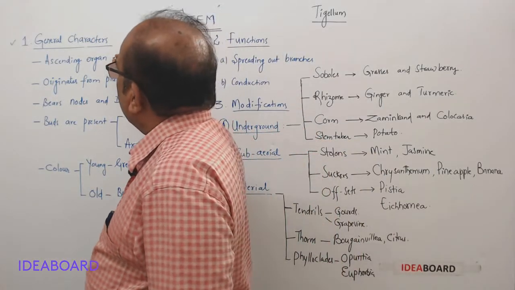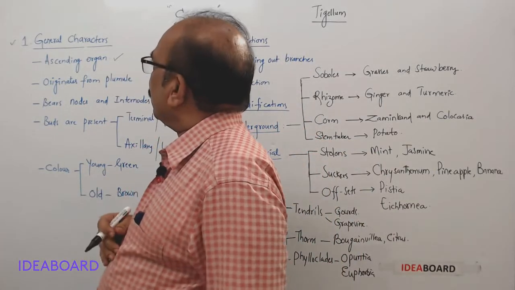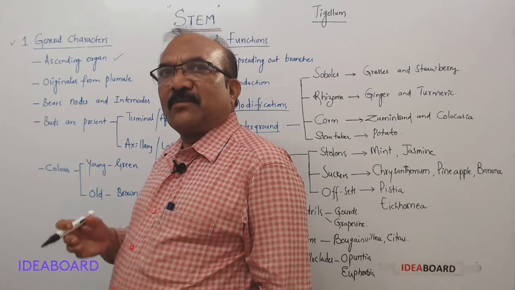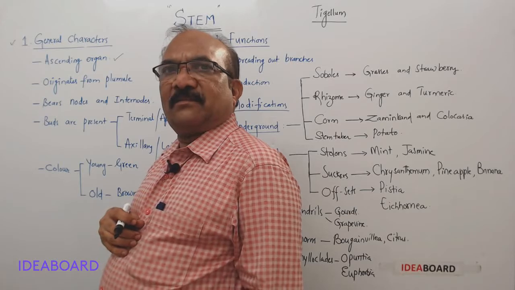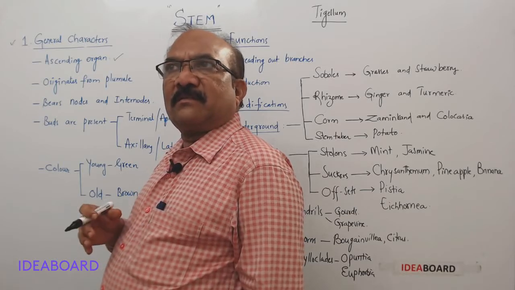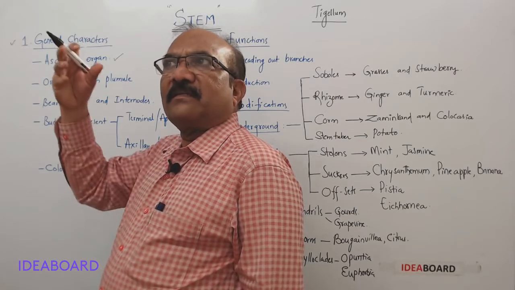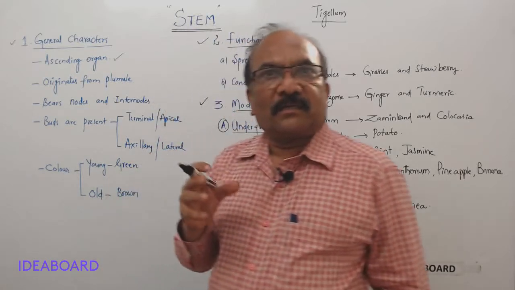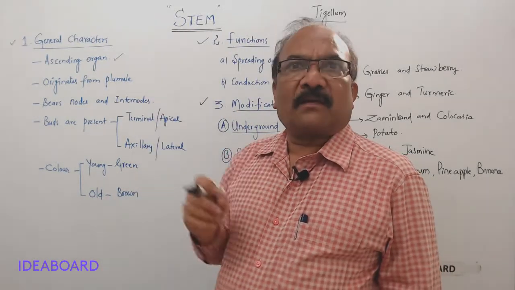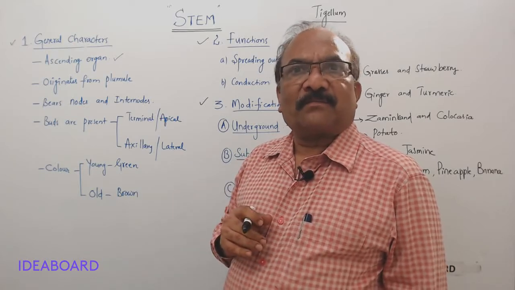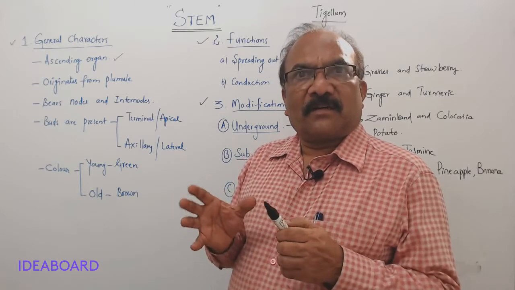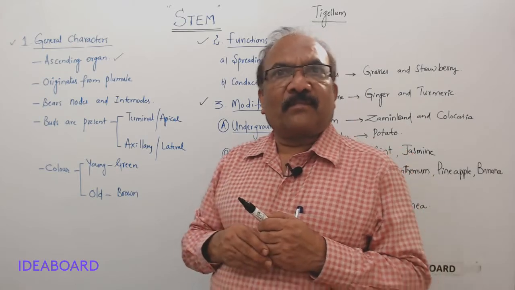As we have already come to know, the stem is growing in upward direction, so it is an ascending organ. That means it is growing towards the light, so it is positively phototropic and negatively geotropic. I hope you understand, it is quite opposite to the root.